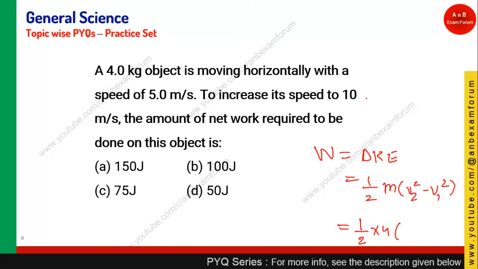Velocity changed from 10 to 5. So 10 square is 100, 5 square is 25. If you calculate, 75 into 2 is what? 150 joule. So 150 joule is the right answer for this question.